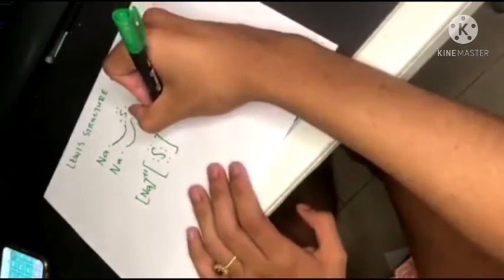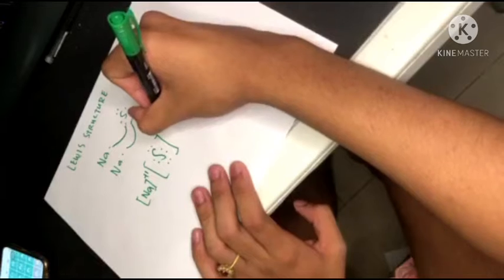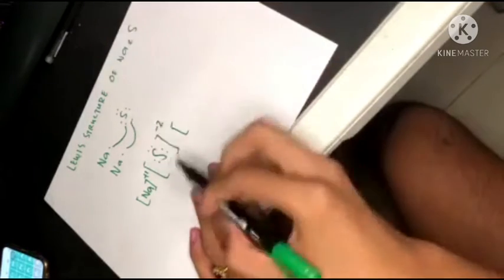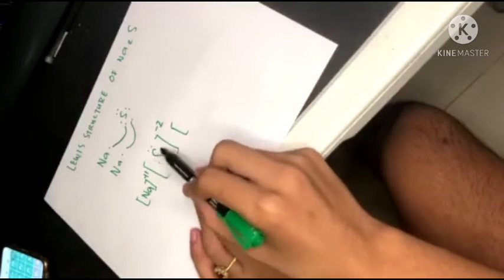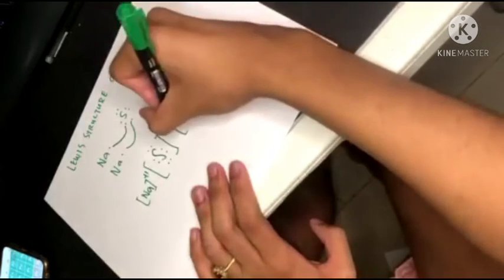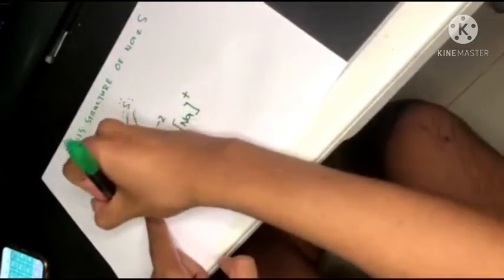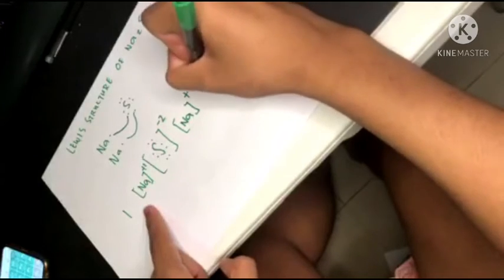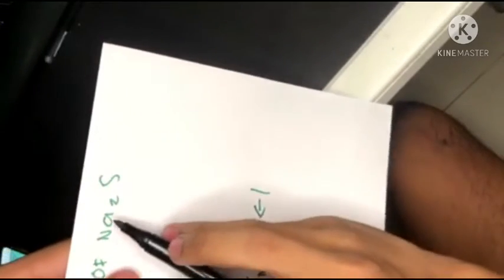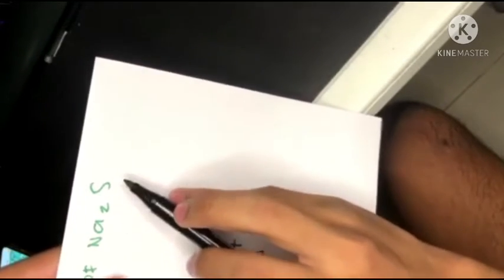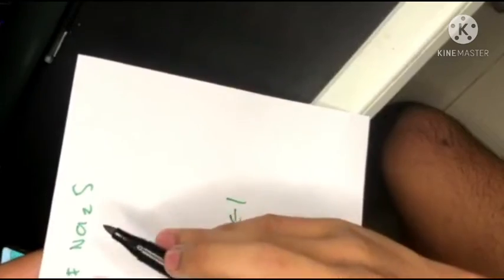We need to write it here again because sulfur borrowed 2 electrons from sodium. That's why 2 sodium and 1 sulfur is equal to Na2S, also known as sodium sulfide.